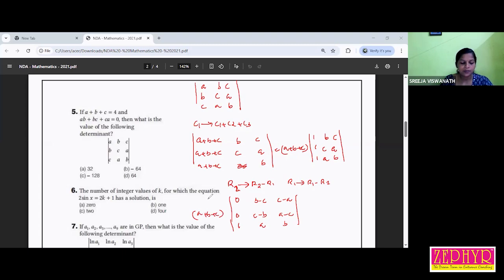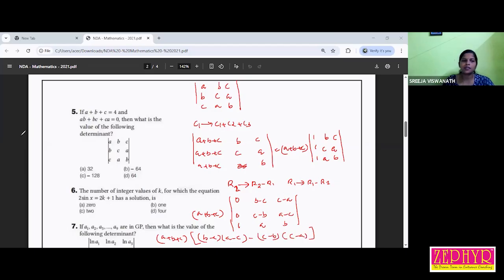Now open the determinant along the third row. A plus B plus C into 1 into (B minus C)(A minus C) minus (C minus B)(C minus A).